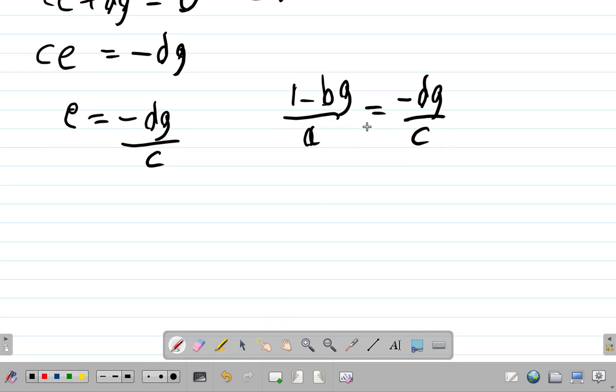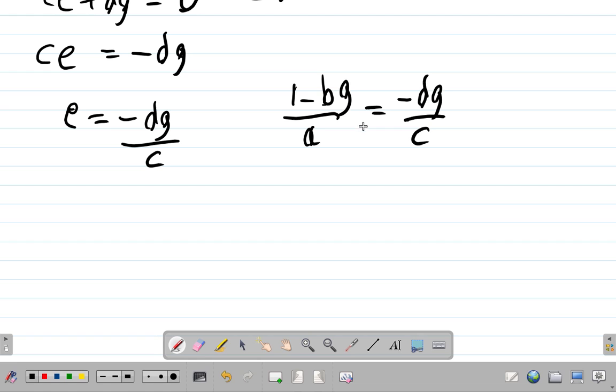Here now, we can put this together and have the two G's beside each other and factor it out, and we could find out then what G is.